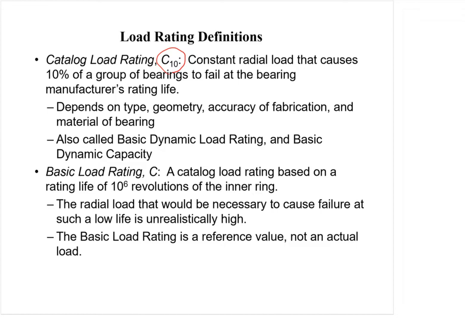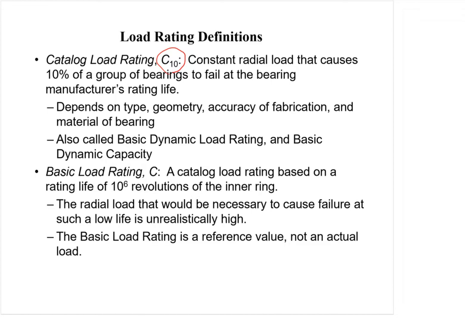Usually, the C10 life is based on an accelerated life test. So instead of 20,000 hours of actual life, they'll only test it for 1 million cycles, which might only take 10 minutes. So the catalog load rating, they can't take 20 years to test a set of bearings.